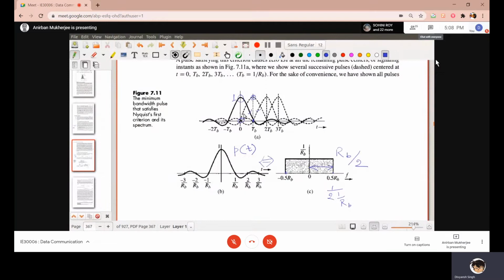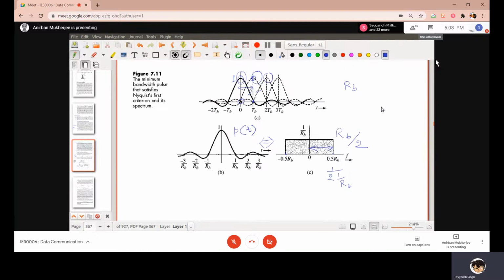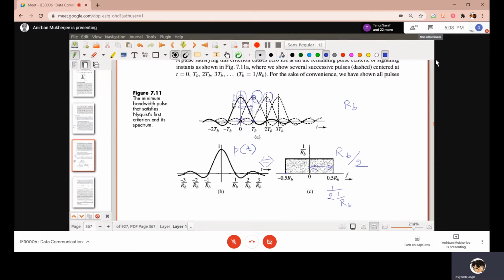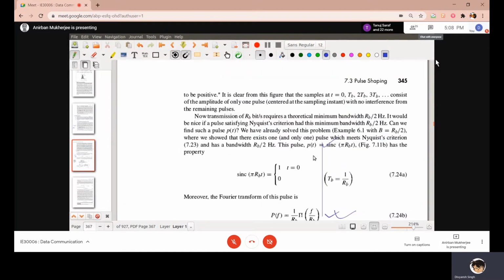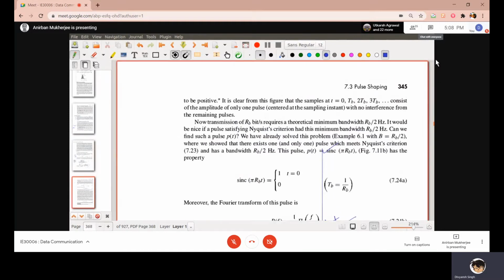Here you are sending 1 bit, here another bit, so each duration is TB, and RB is 1 by TB. So your bit rate is RB bits per second, and for RB bits per second the minimum theoretical bandwidth required is RB by 2 Hz.